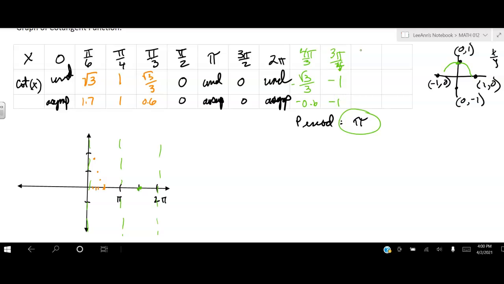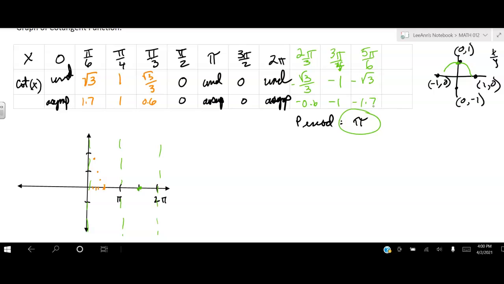And then you're going to be at 5 pi over 6. You know what? That's not a 4 there, is it? It's a 2. And 5 pi over 6 is going to be the square root of 3, and it's going to be negative, and then that's going to be negative 1.7.